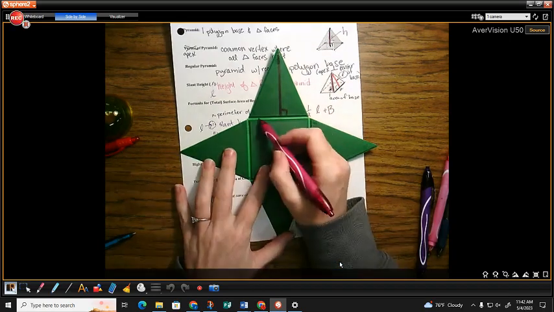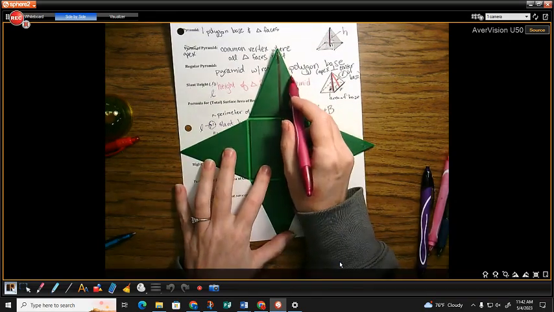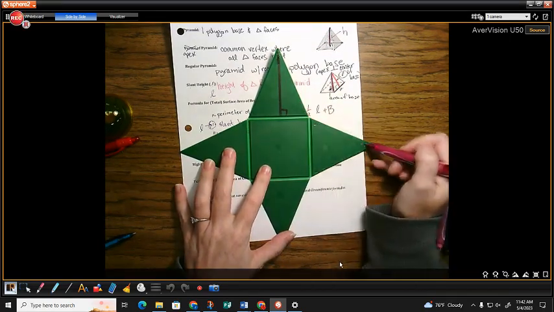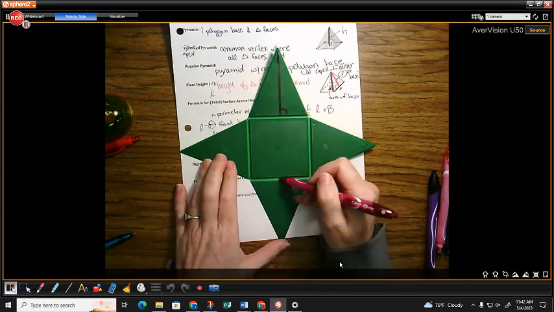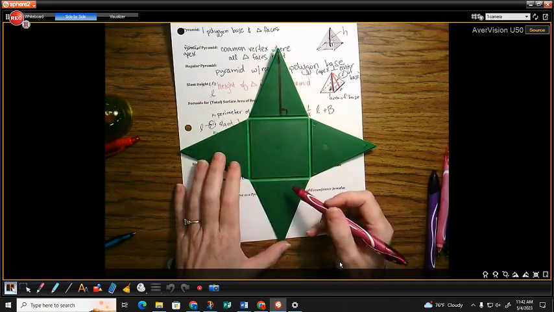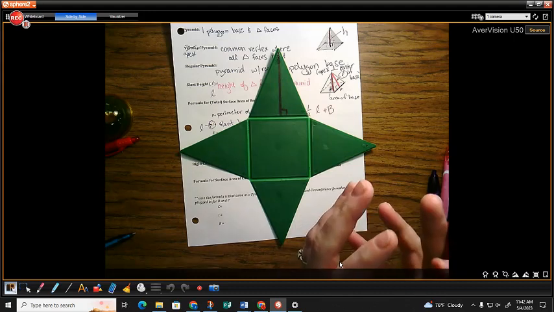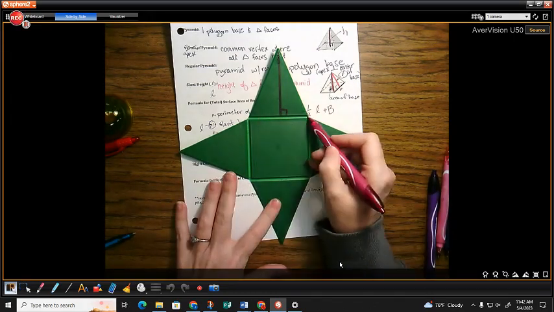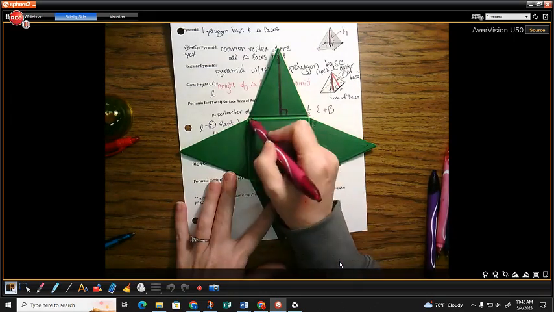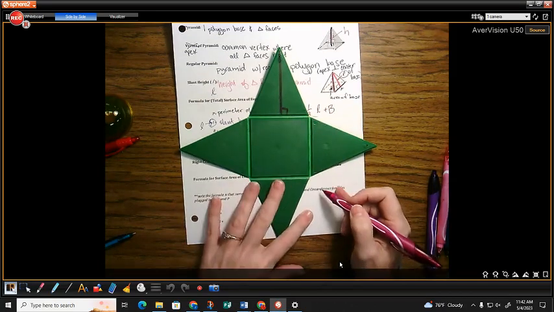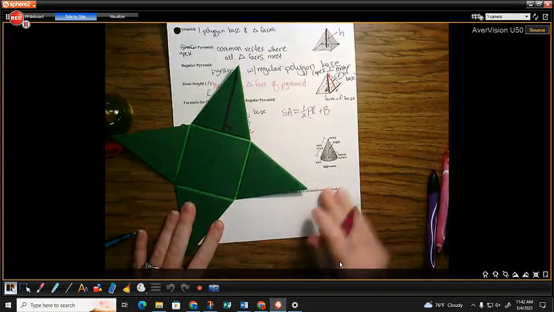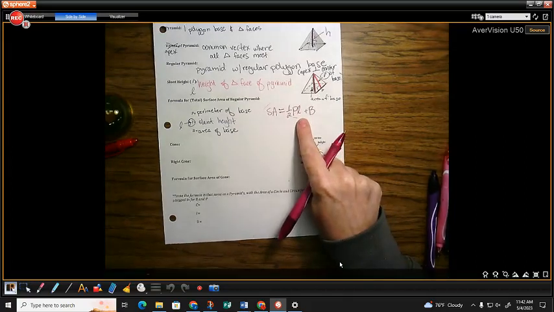So instead of doing base times height divided by 2, base times height divided by 2, base times height divided by 2, what if we just added all of those together? Well, what would all these bases added together make? Perimeter of base. And there is your formula for the surface area of a pyramid.